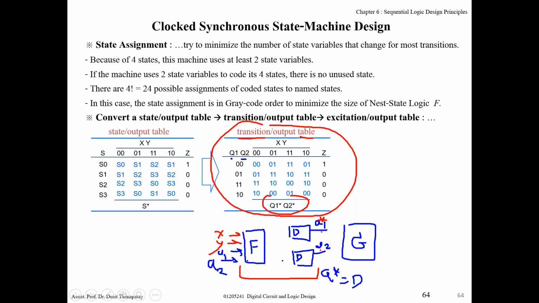To decide this circuit F, you must know the relationship between the output of F and the input of F. Output of F is the excitation signal, that will be D1 and D2. So if you use D flip-flop, you can write the excitation table.